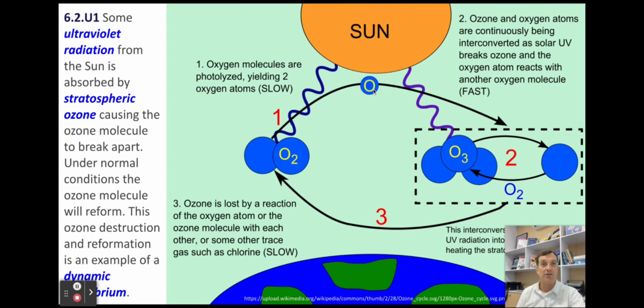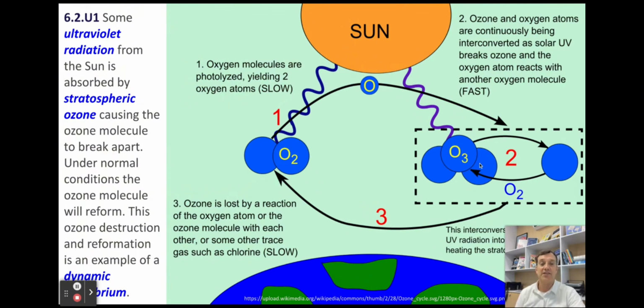Those individual oxygen atoms then combine with other diatomic oxygen molecules to form ozone, or O3. This process is called photolysis.